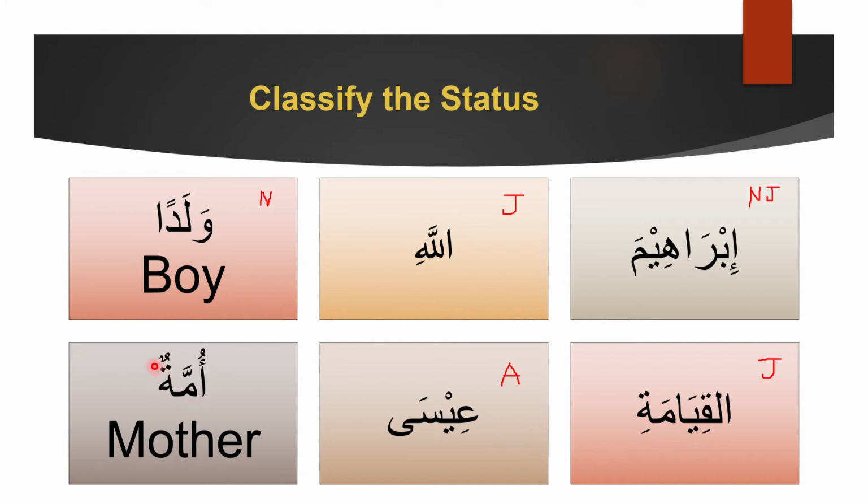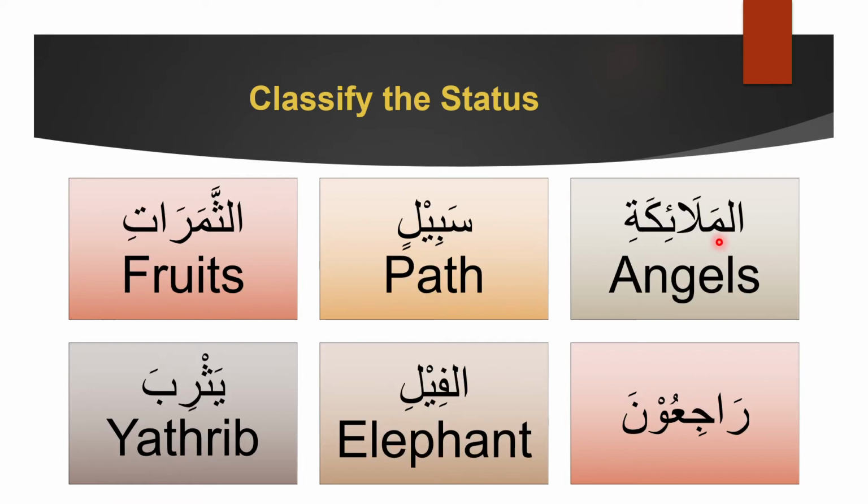Ummatun. Ummatun, there is dhammatain. Dhammatain, which means rafa. Muslimatun, rafa. Almalakati. T. Come on guys, T. It's a jar because of the kasra. You should know that.